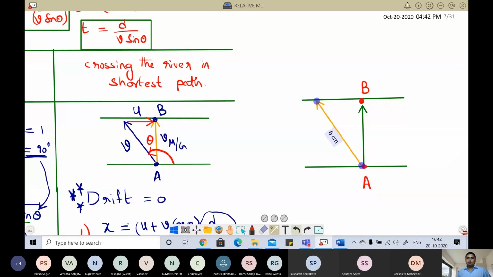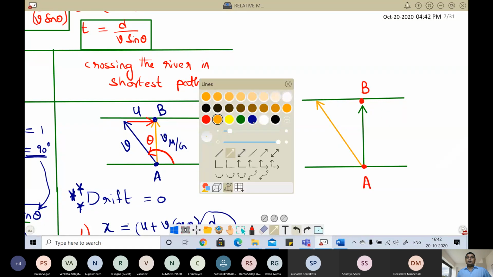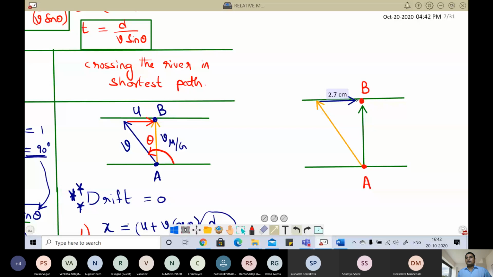So this is my effort, and the reverse effort is this one. I'll write it as V, my effort. This is called U, and this is the velocity of man with respect to ground.